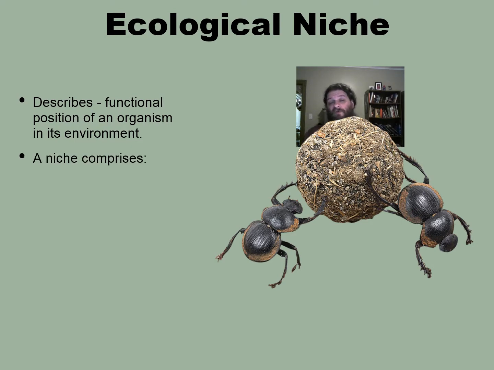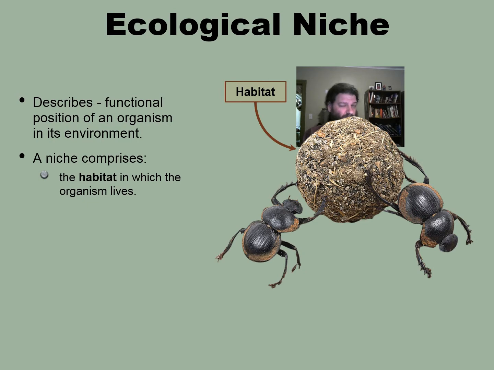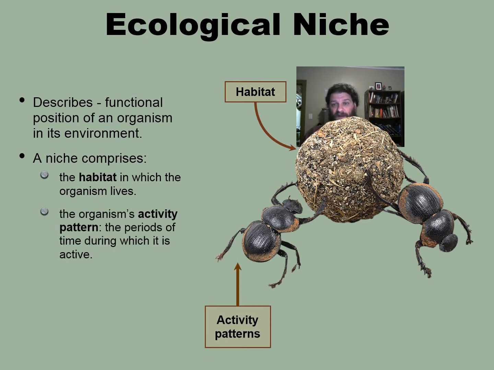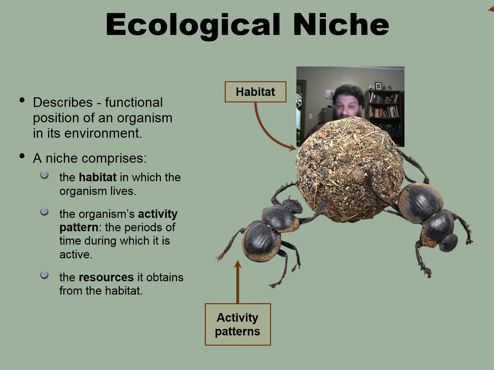And when we do, we're really talking about where an organism lives, where it gets its resources from, so its habitat, and how it goes about getting the resources that it needs.